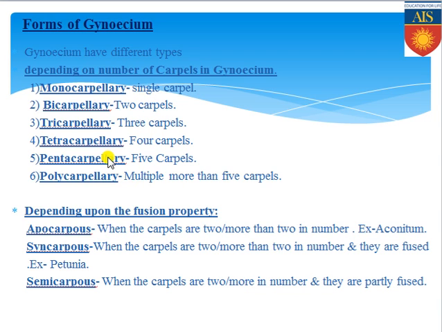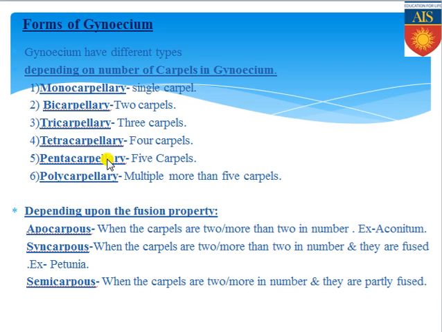Depending upon the fusion property, we have also categorized the carpels. Apocarpous means when the carpels are 2 or more in number and free, they are known as apocarpous flowers. As an example, aconitum. Syncarpous means when the carpels are 2 or more and they are fused, and they are commonly known as syncarpous flowers.